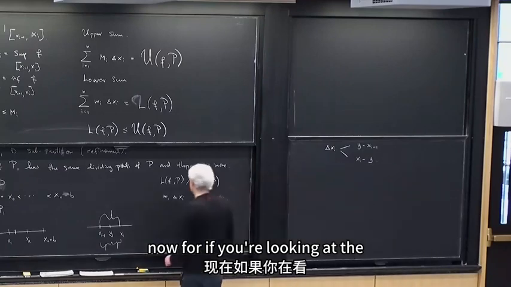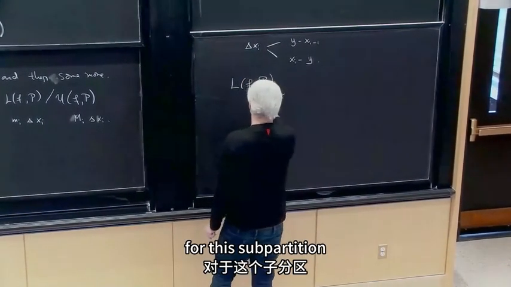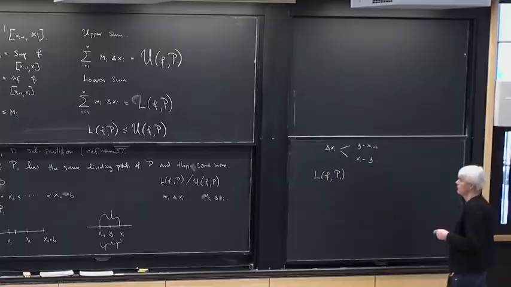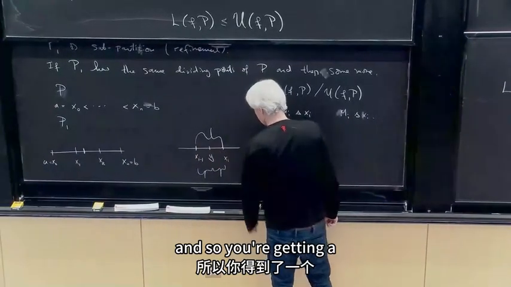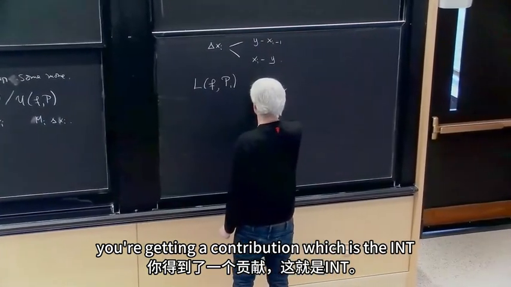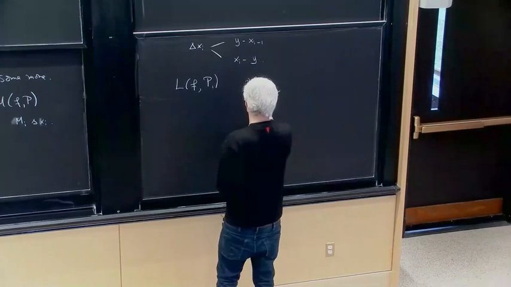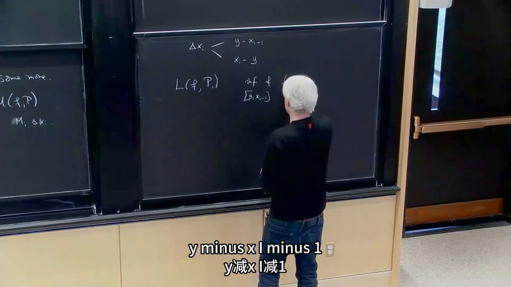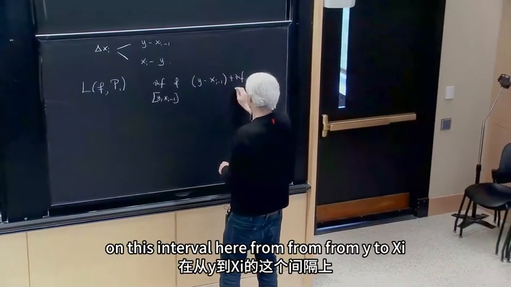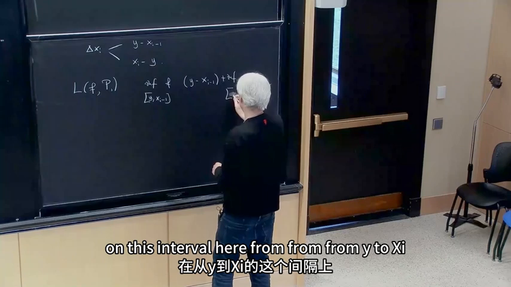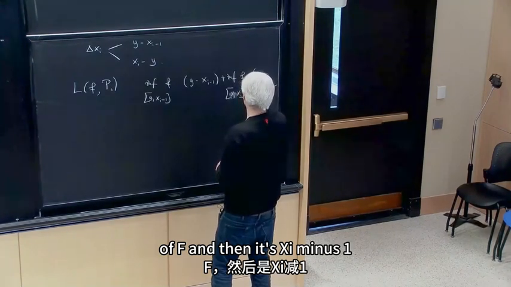Now, if you're looking at the lower sum for this subpartition, the contribution that you get from this interval, well, you have two intervals, and so you're getting a contribution which is the inf on this little interval of f times (y minus x_{i-1}), and then a second contribution which is the inf on the interval from y to x_i of f, times (x_i minus y).